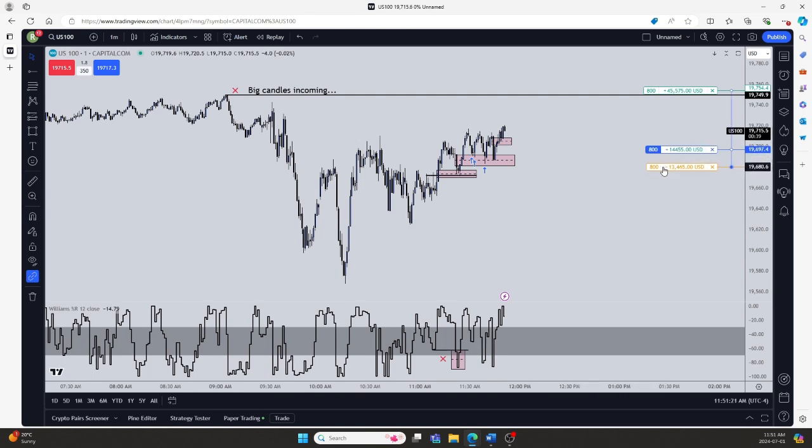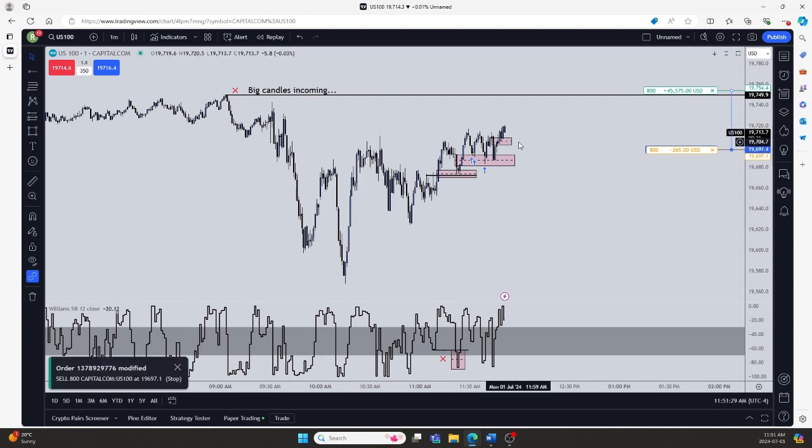Stop loss now is going to go below this balanced price range, so pretty much at break even. Okay, because if price comes back down here, we do not want to be a part of the market. We do not want to be a participant in the market at that point. Okay, we've traded above this BPR, right?